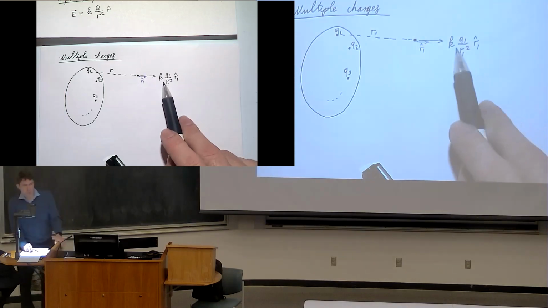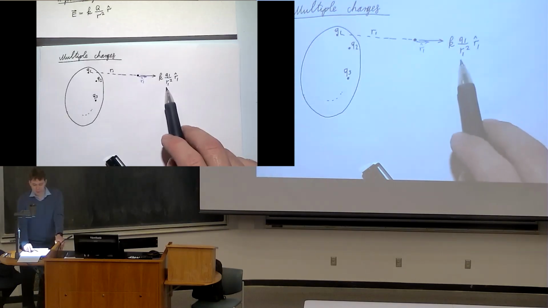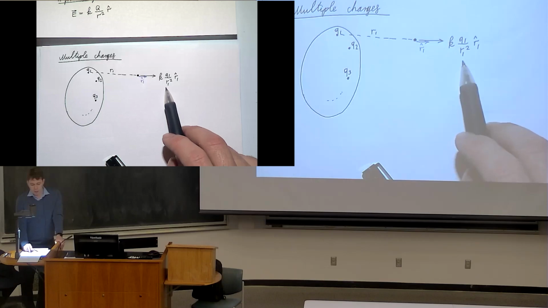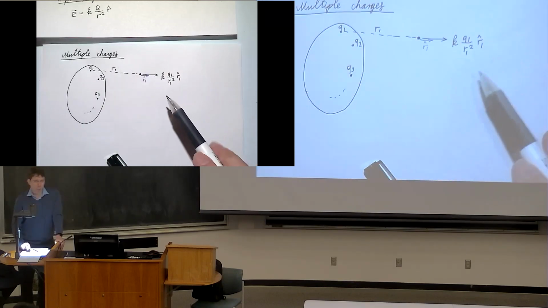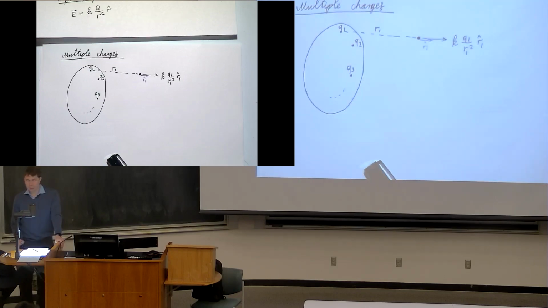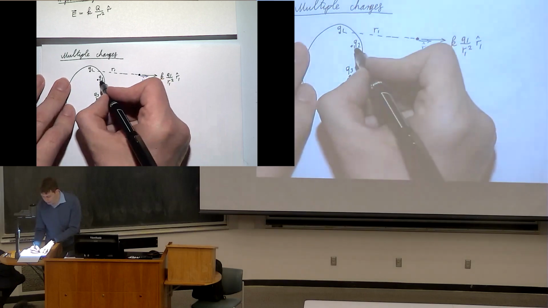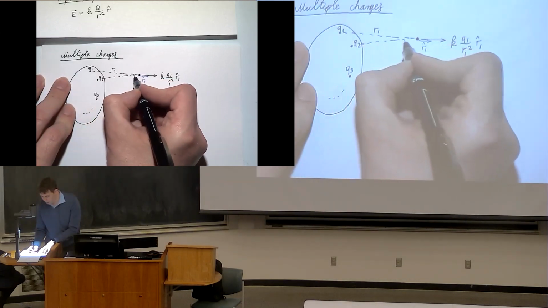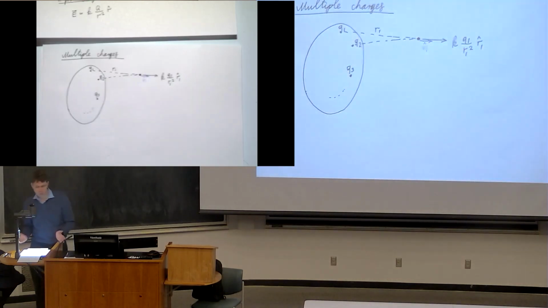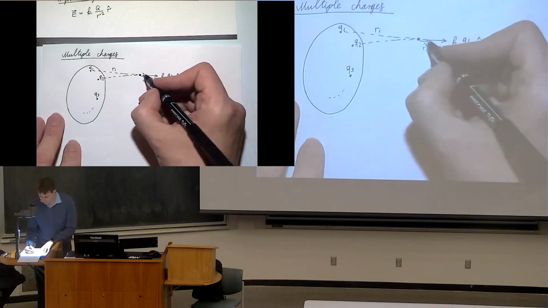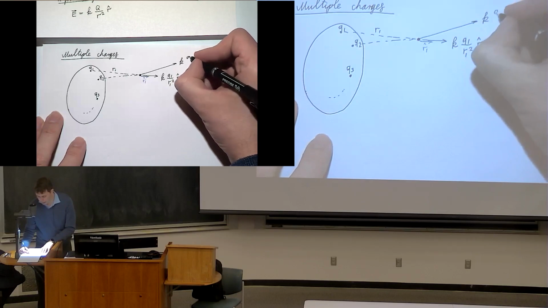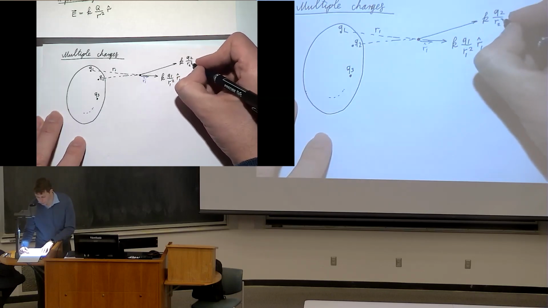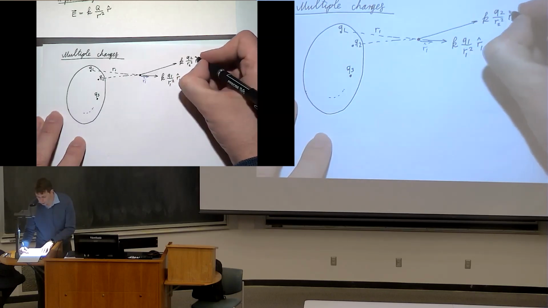And I've shown the direction of this field as if this charge Q1 was positive, but the equation applies for both positive and negative Q1. And the same for charge Q2, that's going to be the same expression, just with 1 replaced by 2, k Q2 over r2 squared r2 hat.